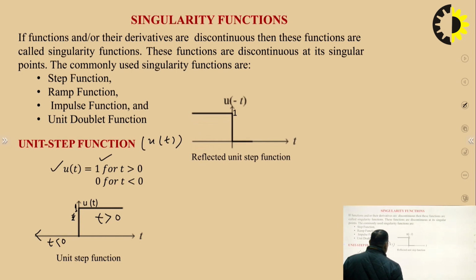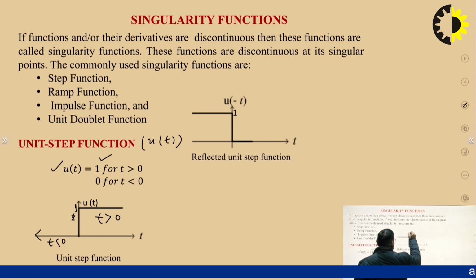This is the reflected unit step function, u(minus t). It is time reversal: it is u(t), and it is u(minus t). For t greater than 0 it is 0, and for t less than 0 its value is 1.